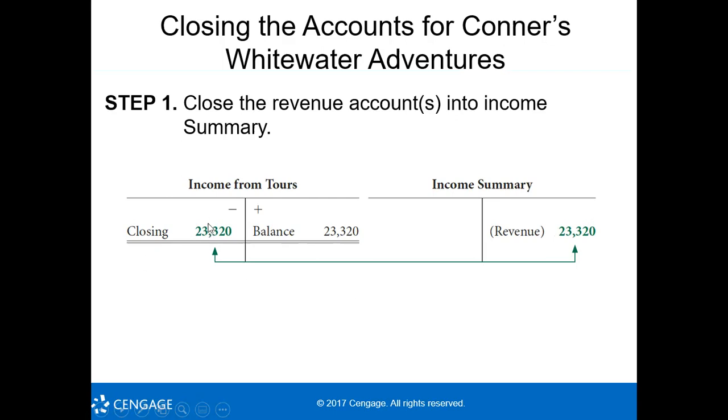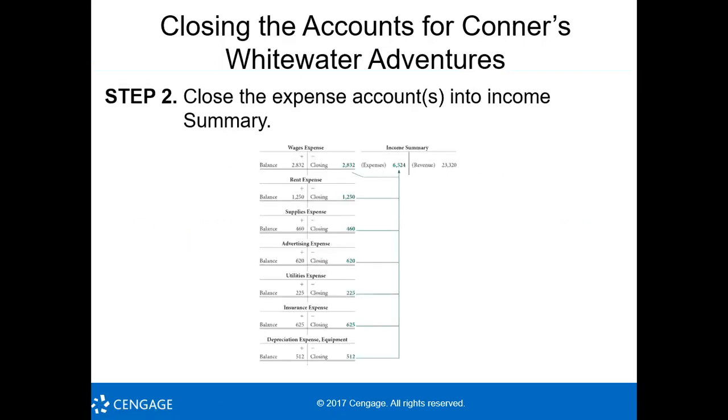So we're debiting revenue, crediting income summary. And so just like we see here, when debits equal credits, that means it's zeroed out. It's a zero balance.